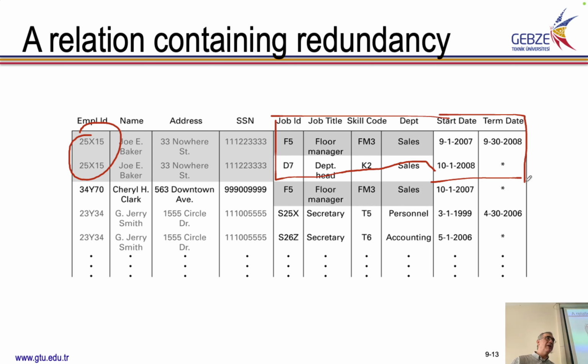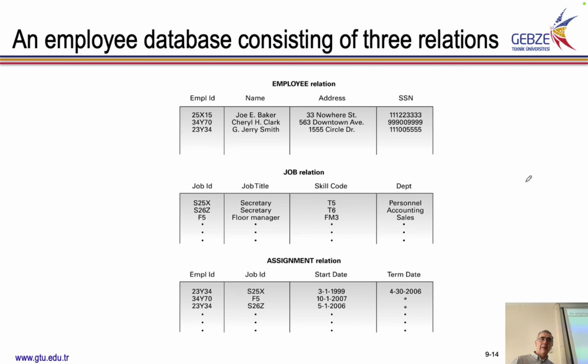There will be a logic error somewhere. So then I can separate concerns, separate concepts. Then we have three relations here. One relation is whether it is an employee or not. Second is the job. Third is the assignment.